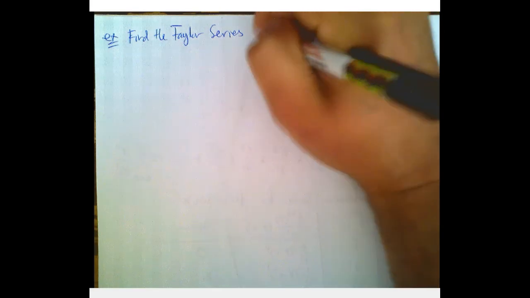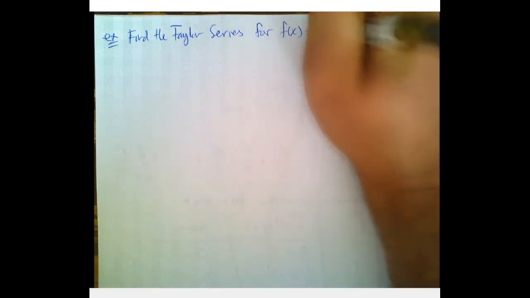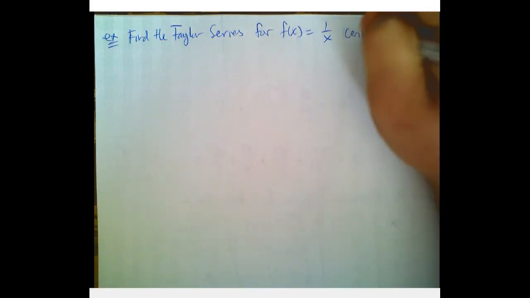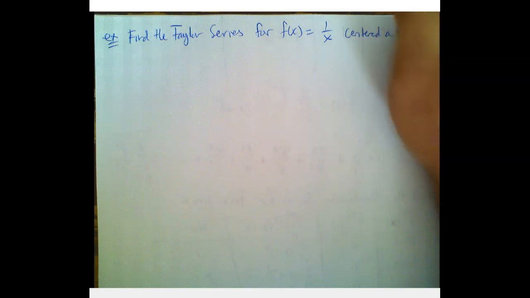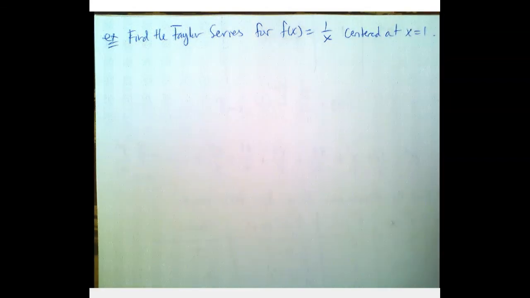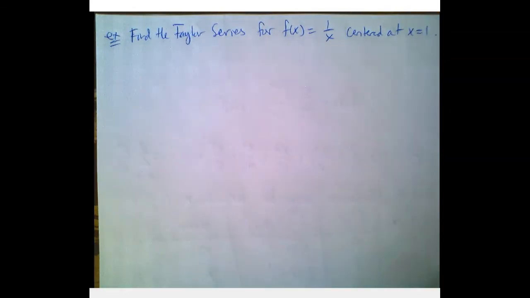Okay, let's do another example, but this time let's go for a different center. Okay, so find the Taylor series for f of x equals 1 over x, centered at x equals 1. Okay. So let's do our table.